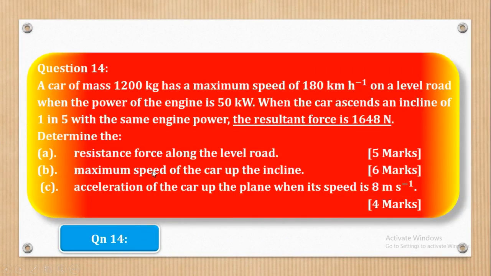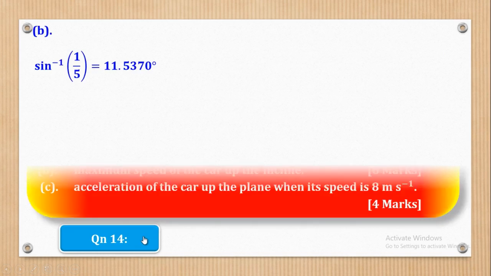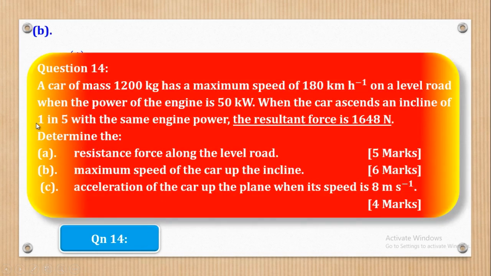Now we shall go to part B of the question. Part B says, find the maximum speed of the car up the incline, and they give it 6 marks. At maximum speed, acceleration is 0, but here they told us that the incline is 1 in 5.